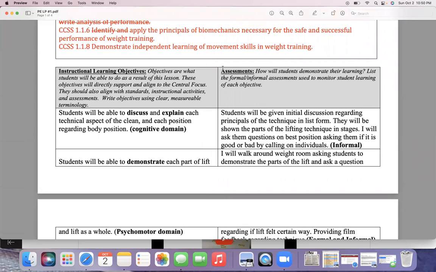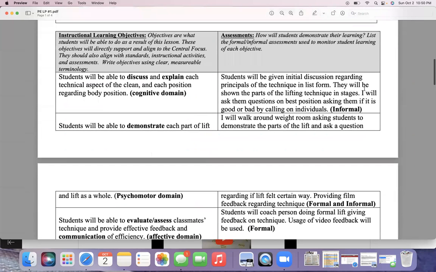And then the assessments portion is how students will be able to assess their own learning and how we'll also assess their learning. We'll have an informal way of assessment and a formal way as well.